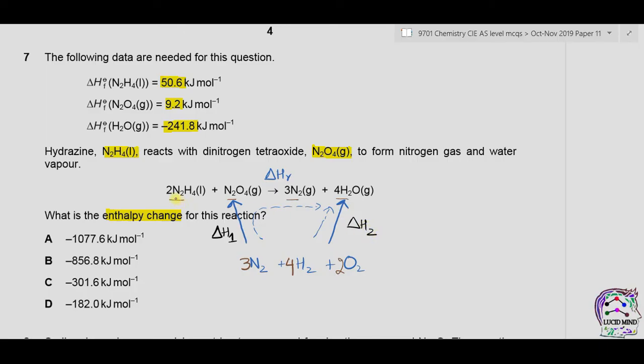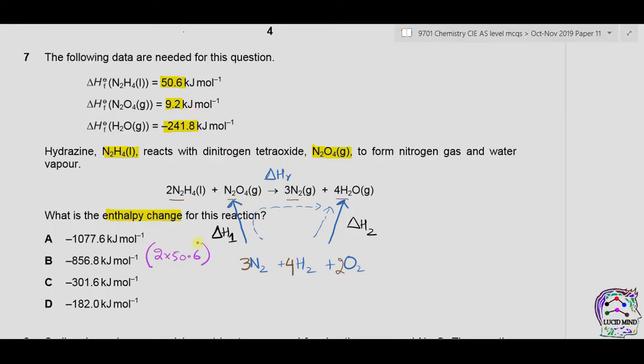Now we can see that in delta H1, 2 moles of N2H4 liquid are formed. As the enthalpy of formation of N2H4 liquid is 50.6 kilojoules per mole, for 2 moles it will be 2 into 50.6. Second compound formed is N2O4 gas, and the enthalpy change of formation is 9.2 kilojoules per mole.